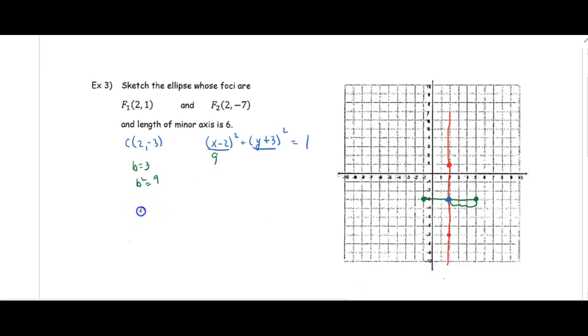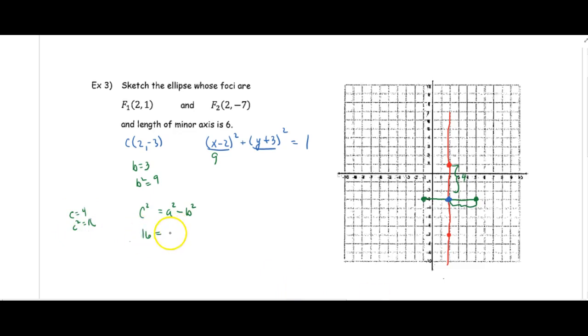Now, we still have to find a. So we know c squared equals a squared minus b squared. Well, what is c going to be here? The distance from the center to the foci is 1, 2, 3, 4 units. So we know c is 4, so c squared is 16.